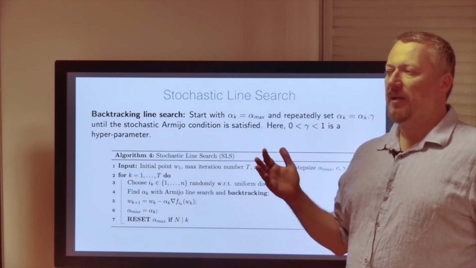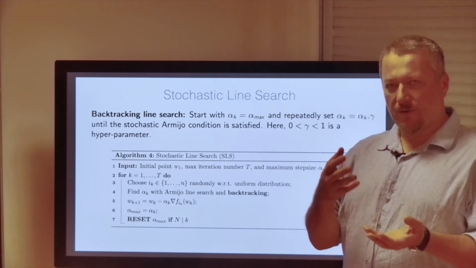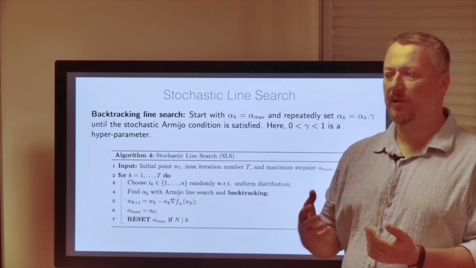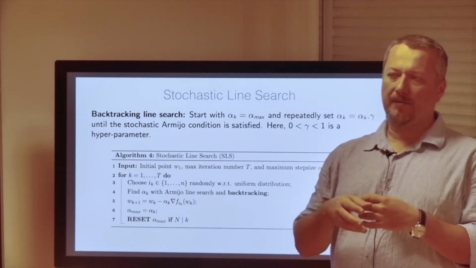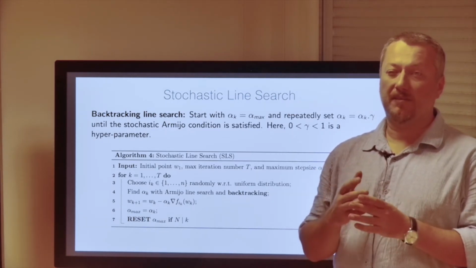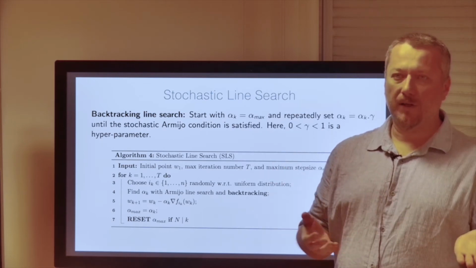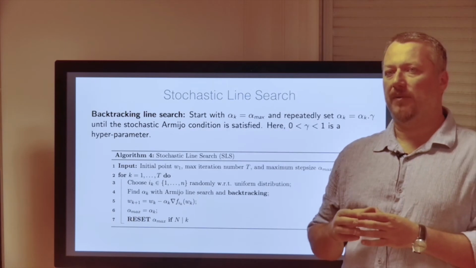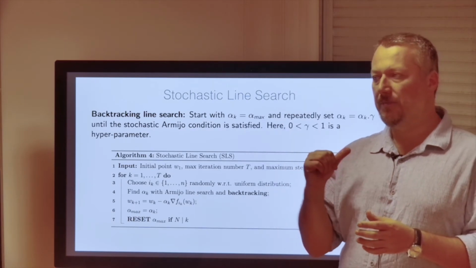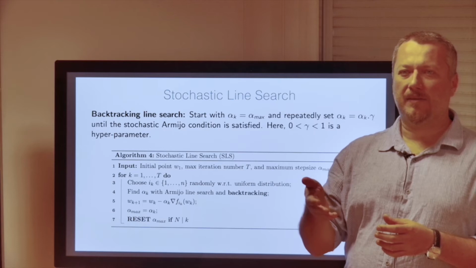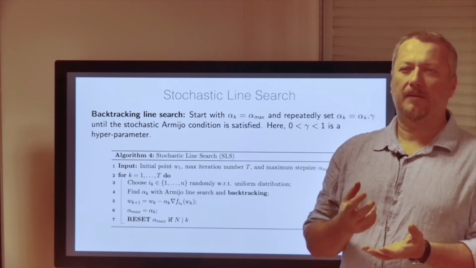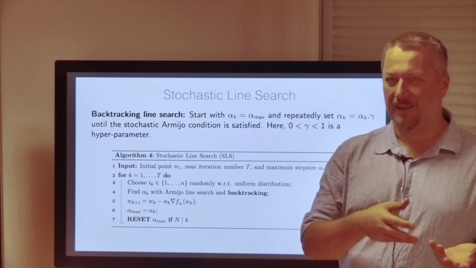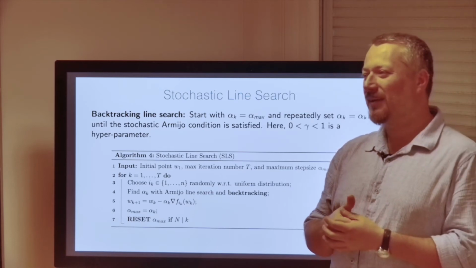But since your function is continuous and you are usually not moving far away from the previous point, what you expect is that the geometry of the function doesn't change a lot from one point to the other. So once you choose a smaller step size that works for the previous step, what you expect in the next step is that you need a step size similar to the one you used in the previous step.